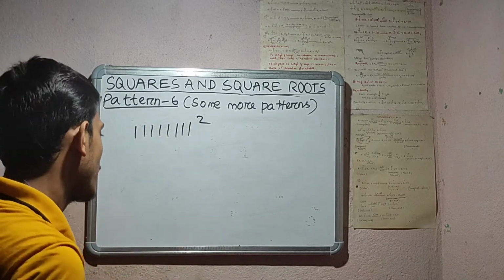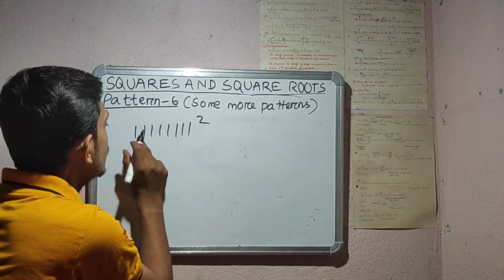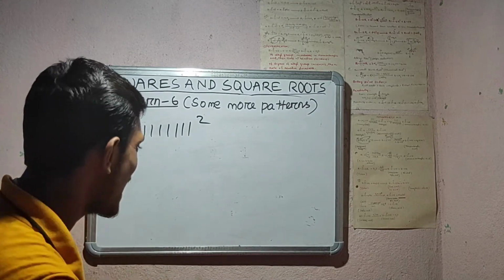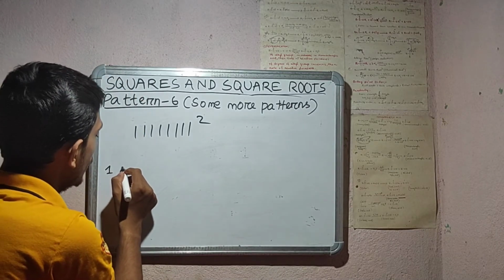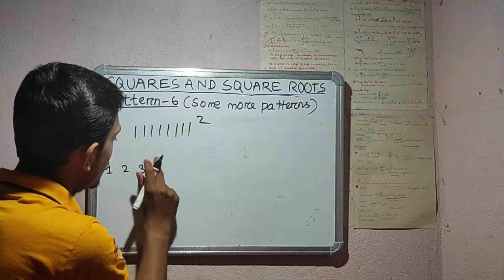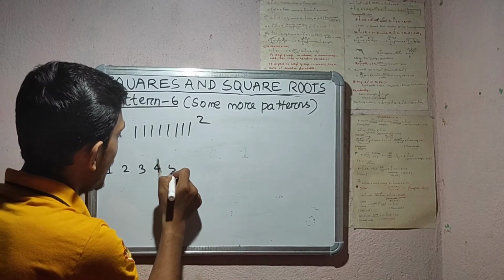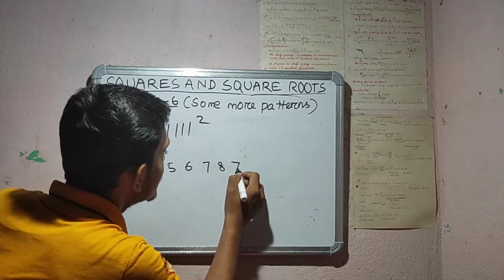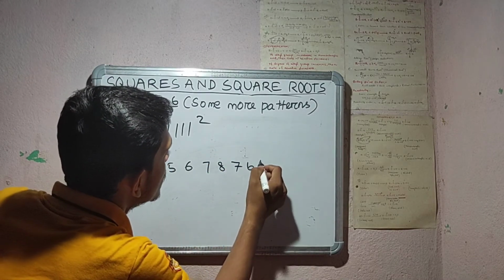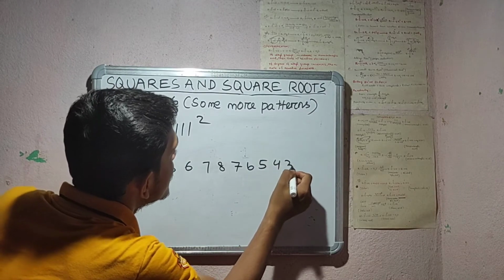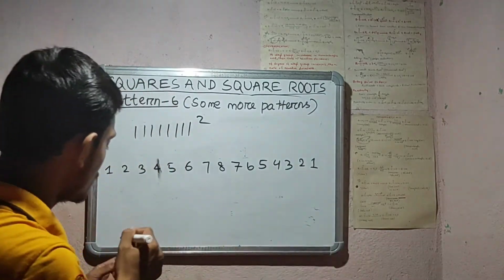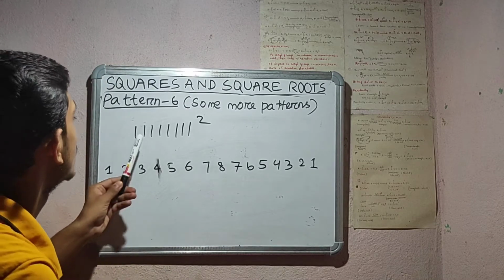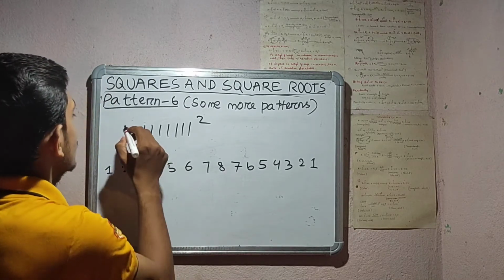Without remembering the pattern, how can we recognize it? The number of 1s is 8. So starting from 1, we write 1 2 3 4 5 6 7 8, then it decreases: 7 6 5 4 3 2 and 1. This is the square of this number.